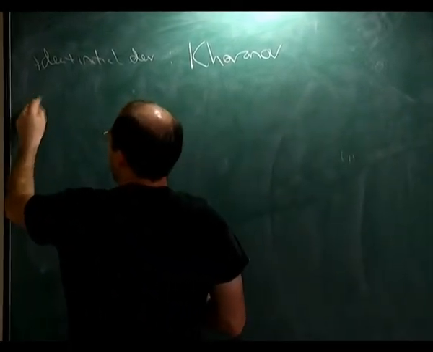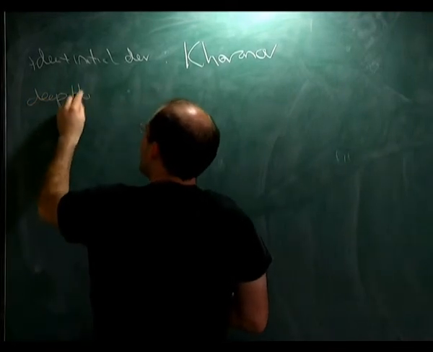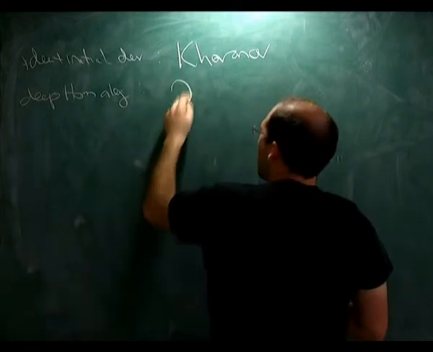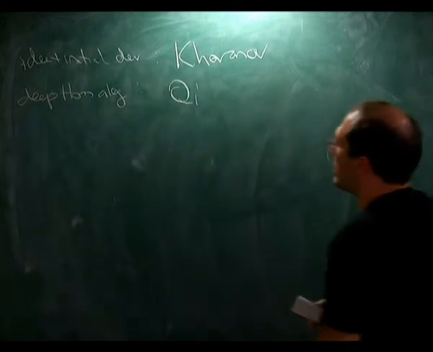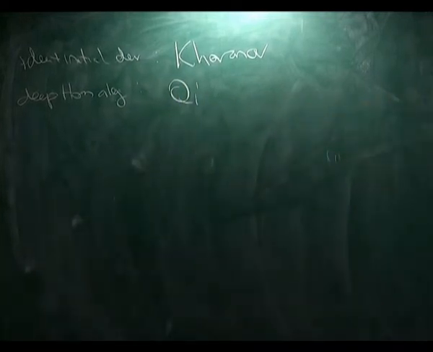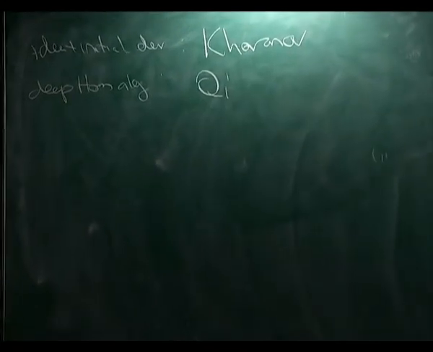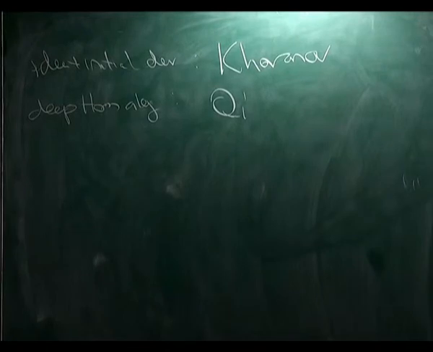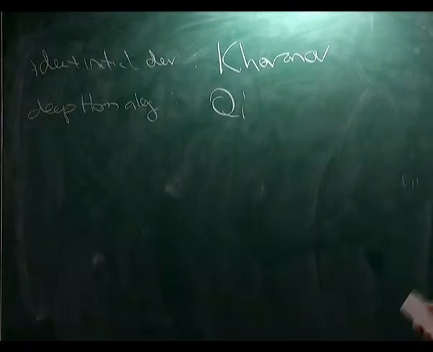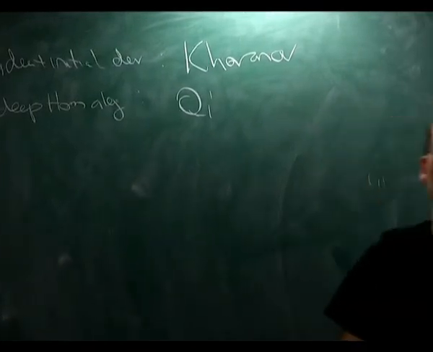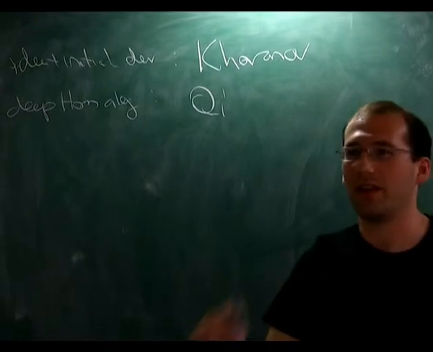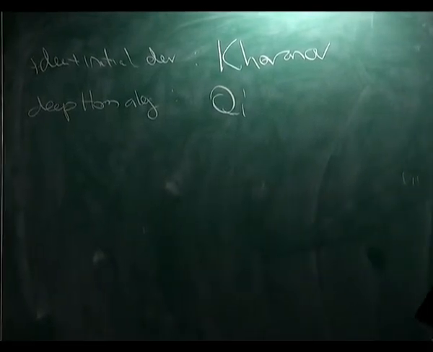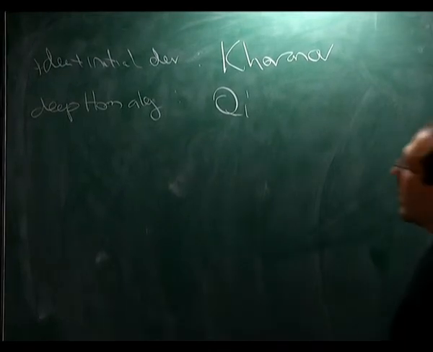And then the deep homological algebra in this context was mostly developed by a recent PhD named Qi. I think this is his last name and not his first name. So basically, everything that was done in normal homological algebra, he did: perfect complexes, all the usual tools, cellular filtrations. He developed the theory of these things.